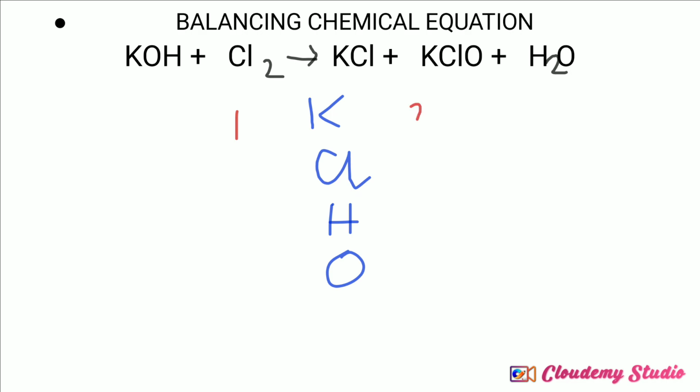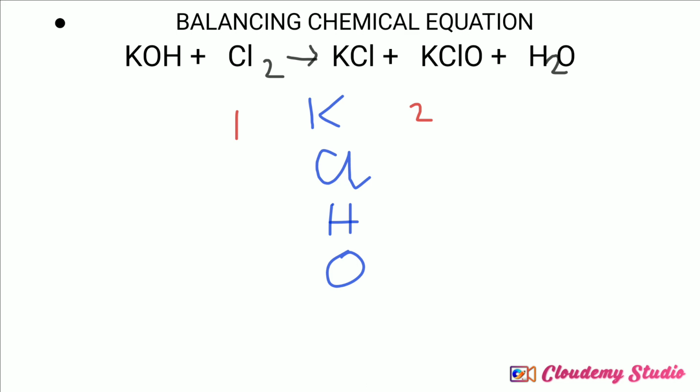Therefore, two atoms are there. Two atoms we can write together. If the total number of atoms is an odd number, then we need to split that number of atoms. So that rule we need to follow.